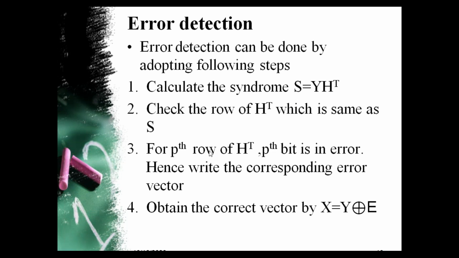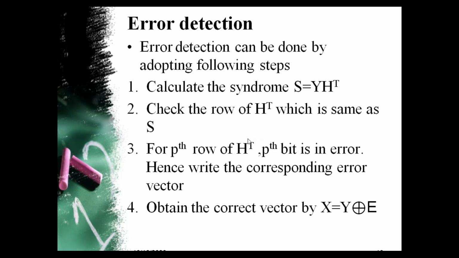Then, if it is the same as the pth row of H transpose, we can say the pth bit is in error. For example, once we have calculated Y into H transpose, if the vector obtained is the same as the sixth row of the H transpose matrix, then we can say the sixth bit is in error in the received code word.